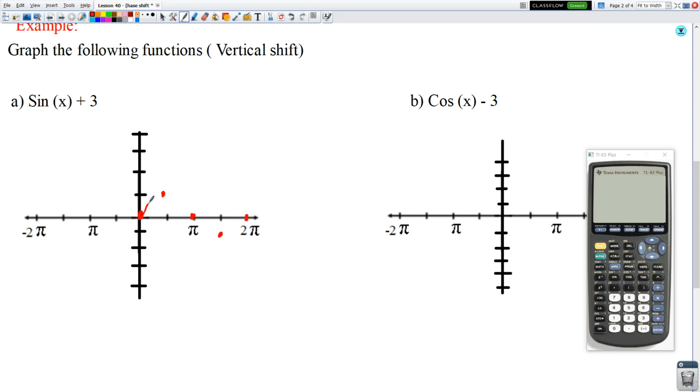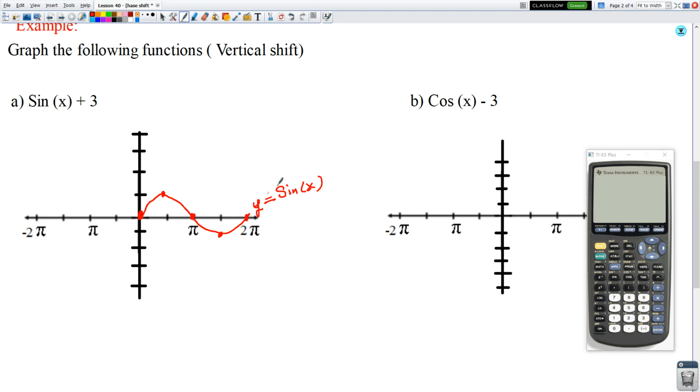All right, if we were to graph just sine of x, this red graph is an illustration of the function y equals sine of x.